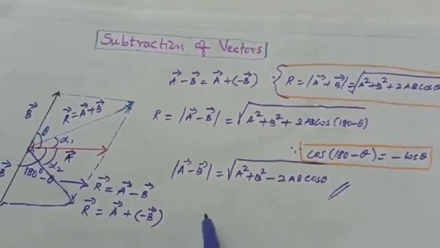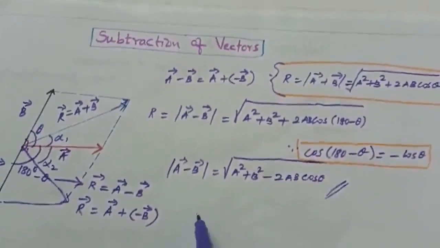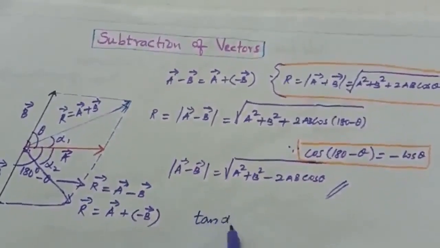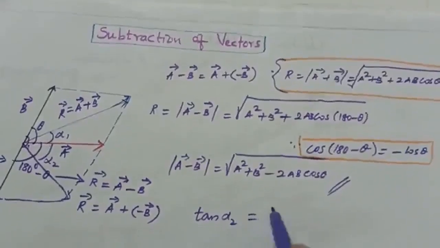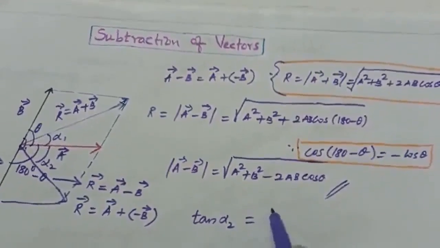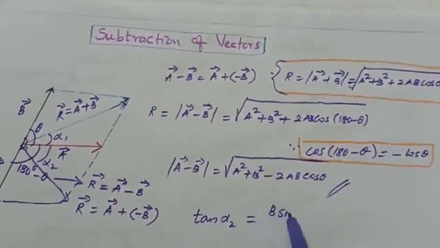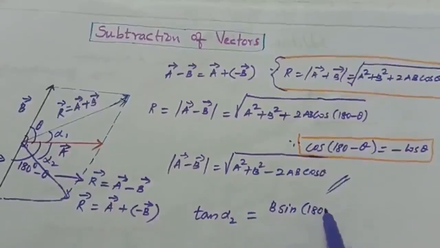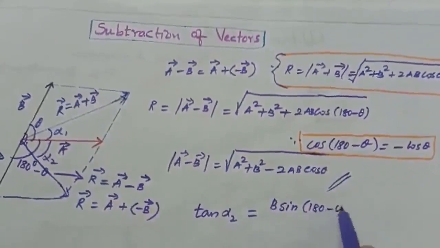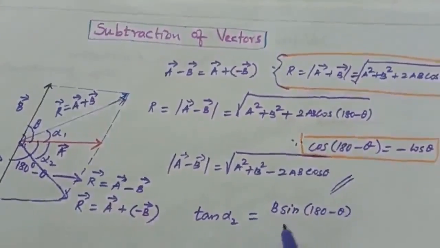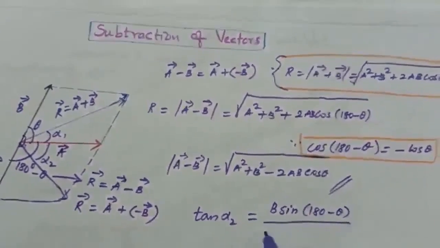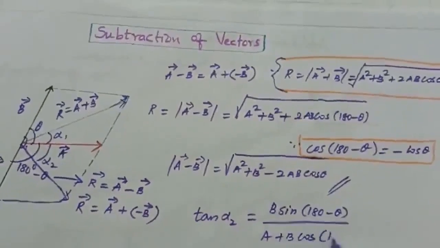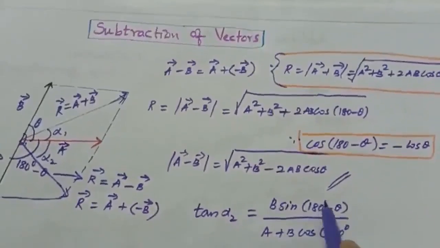Therefore the direction of the subtraction of two vectors: tan alpha 2 is equal to, what is the formula, B sin of 180 degree minus theta divided by A plus B cos of 180 degree minus theta.